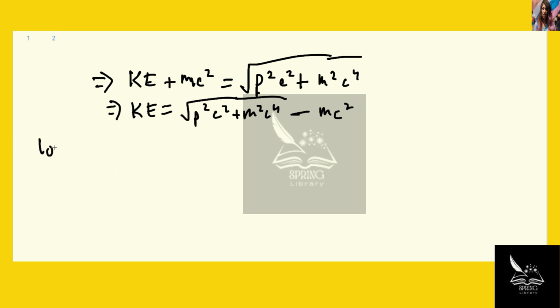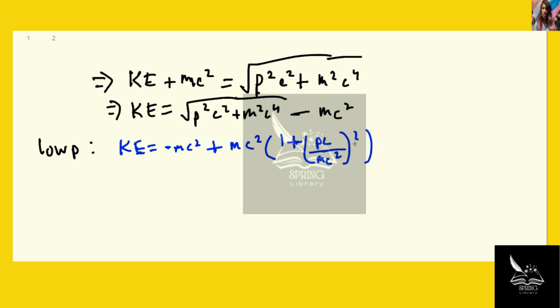So in the low momentum case, let me use a different color here. You have that KE is, I'm just going to rewrite this in a different form that will make it easier to use a binomial expansion. KE is equal to mc² times the square root of 1 plus (pc/mc²)², minus mc².